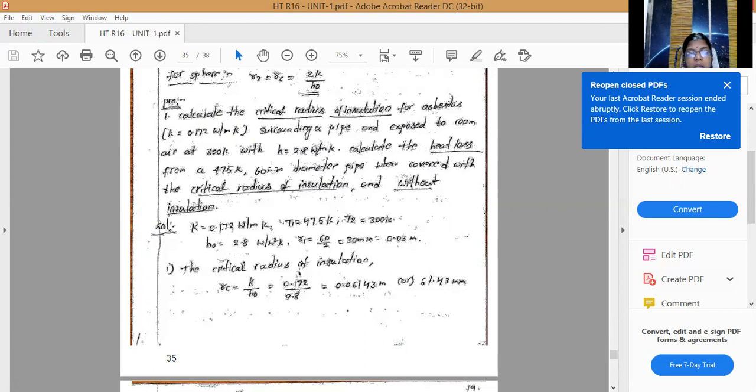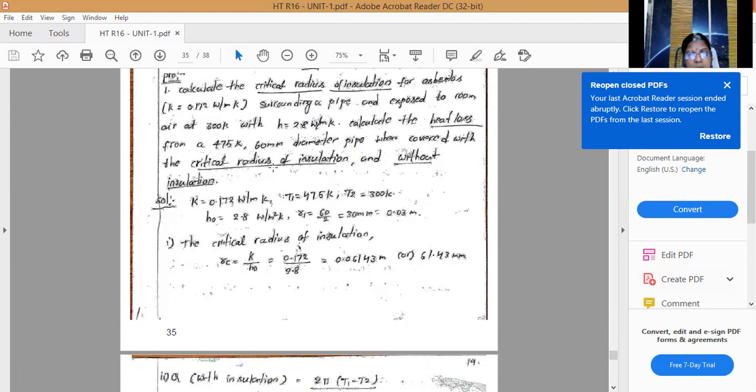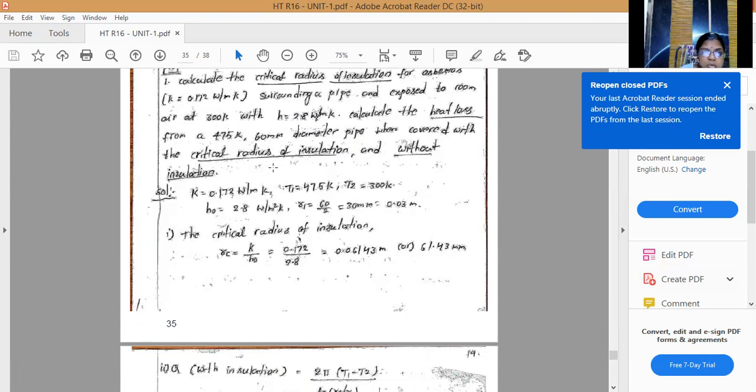And finally, he asks to calculate the heat loss, that is Q, from a 475 Kelvin, 60 diameter pipe when covered with the critical radius of insulation and without insulation. So with and without insulation.